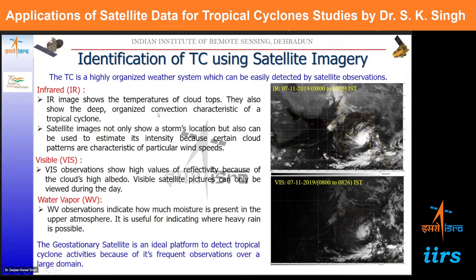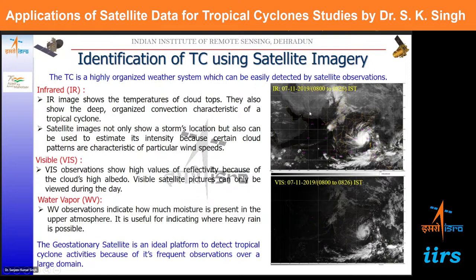The infrared image shows the temperature of the cloud top, because the IR band cannot penetrate deep into the cloud. So it only shows the cloud top temperature.